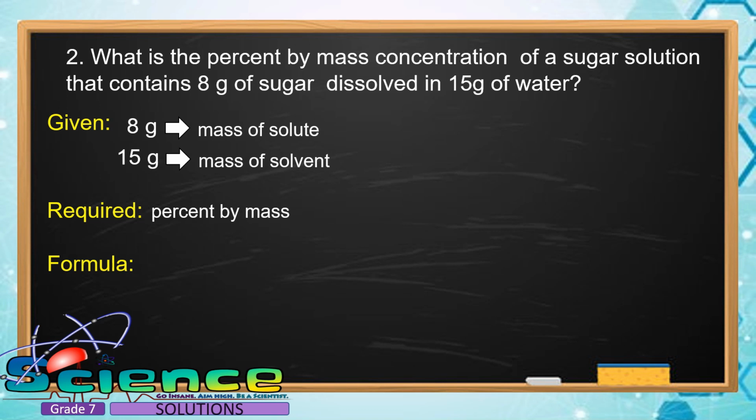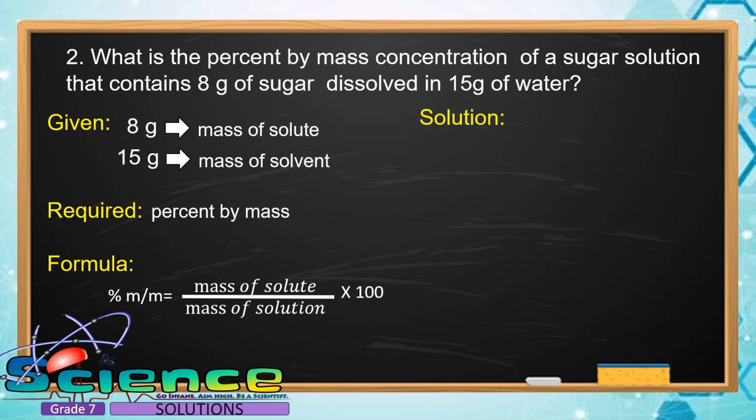Therefore, we will be using the formula percent by mass is equal to mass of solute over mass of solution multiplied by 100. To solve the problem, we are going to substitute what is given to the formula. So we have percent by mass is equal to the mass of solute, which is 8 grams, over the mass of solution.